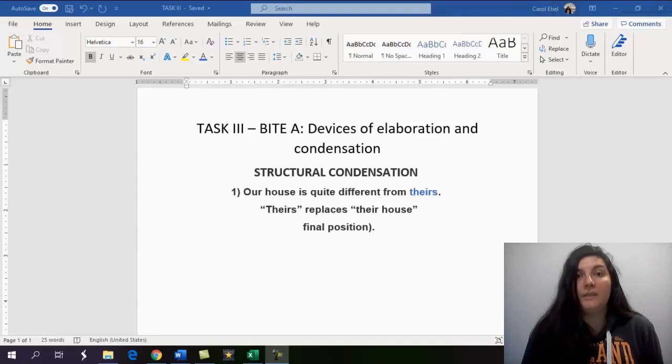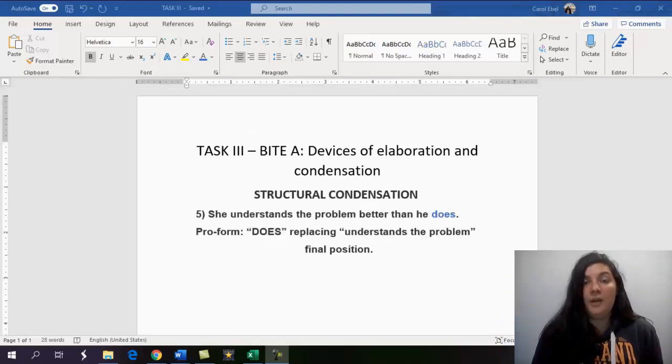So in this case, the word theirs, which is a possessive pronoun, is replacing the whole structure their house, which is a combination of a possessive adjective and a noun phrase. We can say this structural condensation happens in final position because the word theirs is occupying the place of the last element within the clause.